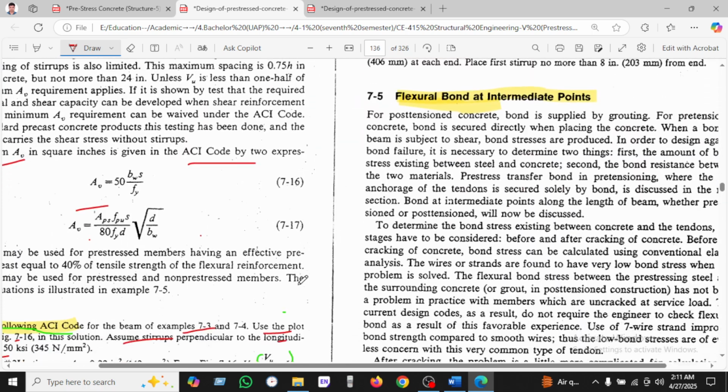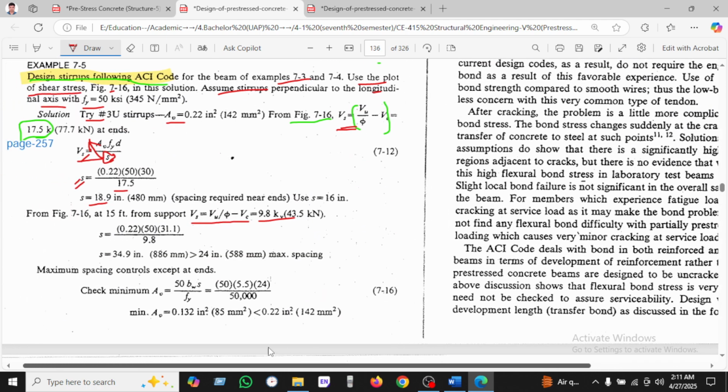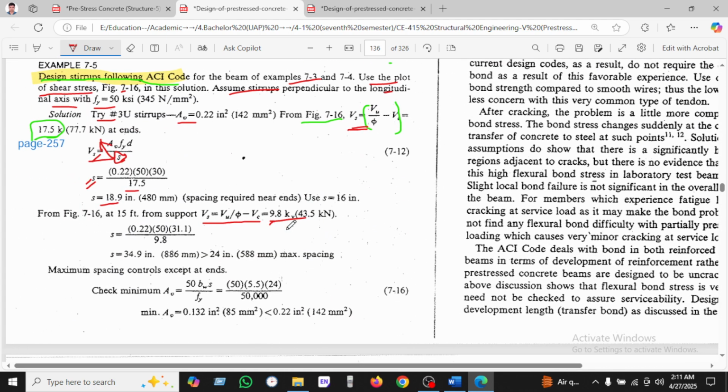So if we go there and put this below 9.8, this is the 9.8, and we found the spacing is 34.9 inches, and another one which the ACI code provides is 24 inches. So after finding three spacings, which are 18, 34 and 24, you can see 34 is greater than 24, so we can use the 24.